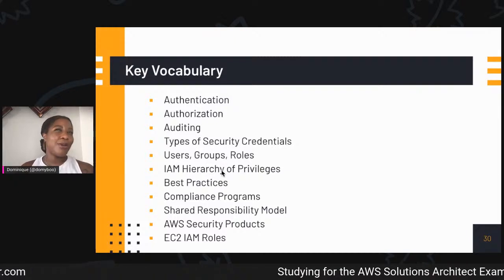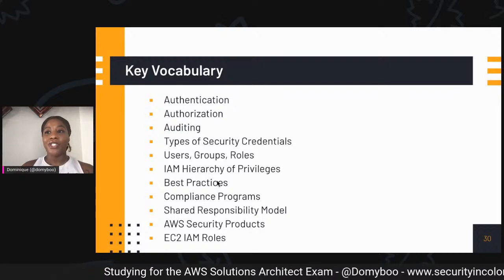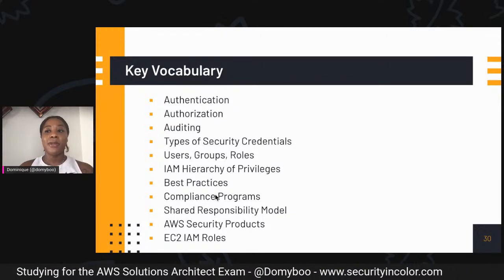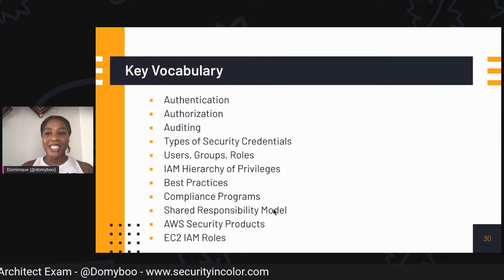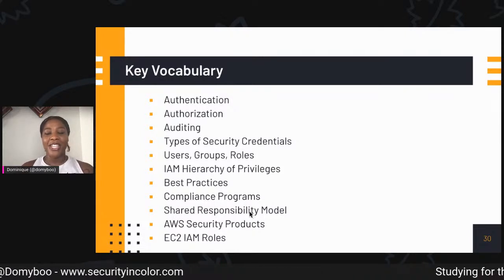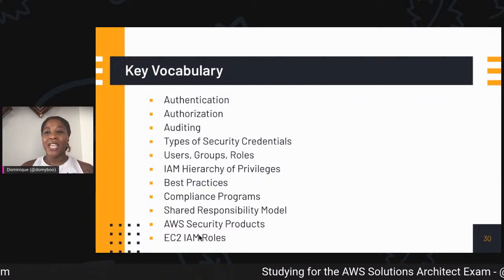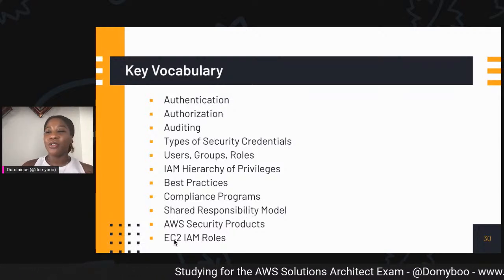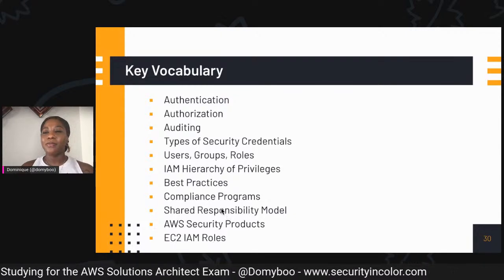I added it. I don't know why. I don't know if it's important, but I put it. Then we have some IAM best practices, some compliance programs that you should be aware of, the shared responsibility model, which I'm an evangelist of, some AWS security products, and IAM EC2 roles, but I actually don't think I have that one because I didn't see it in the chapter.